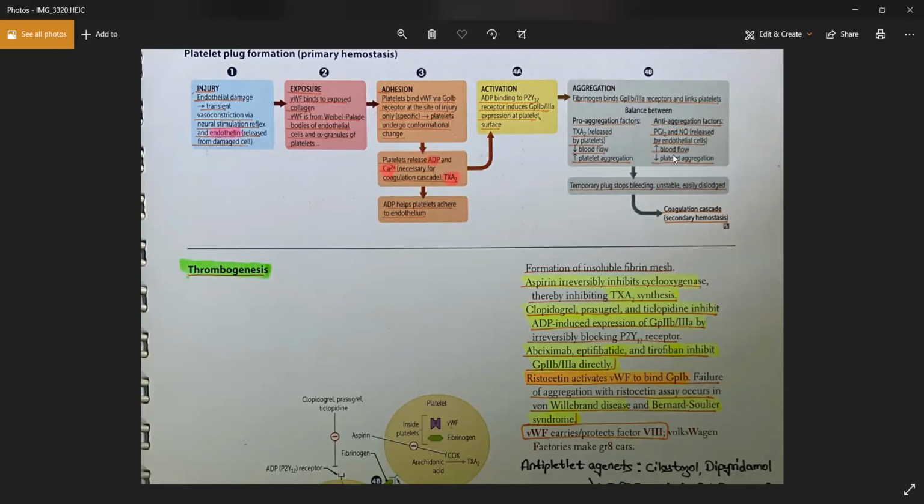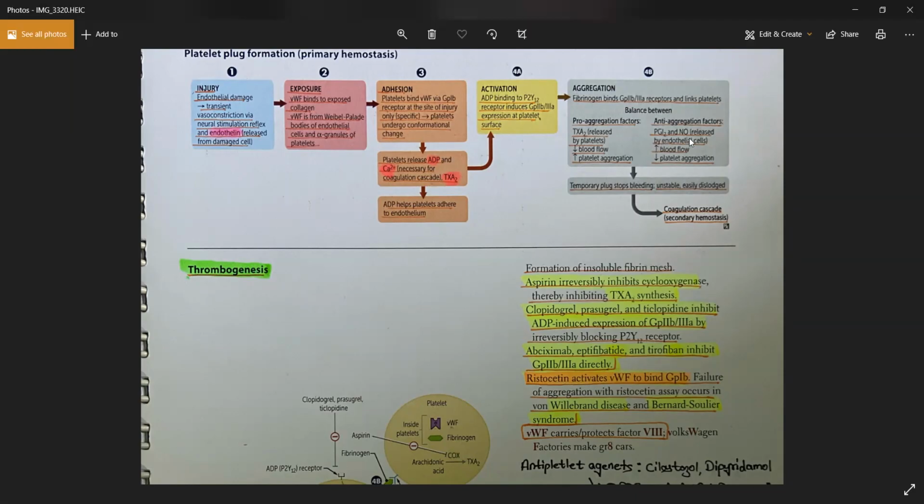Now you have two types of factors: the first is the pro-aggregation factors, and the second is the anti-aggregation factors. The pro-aggregation factors include TXA2, which is released by the platelets. Second is the decrease in blood flow by the vasoconstriction, and third is platelet aggregation itself, right? The anti-aggregation factors include prostaglandin I2, right?